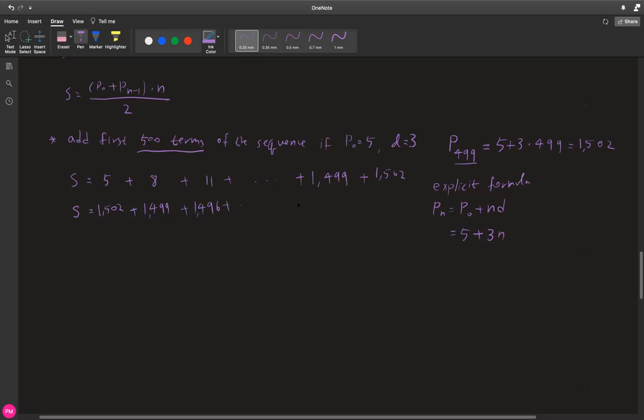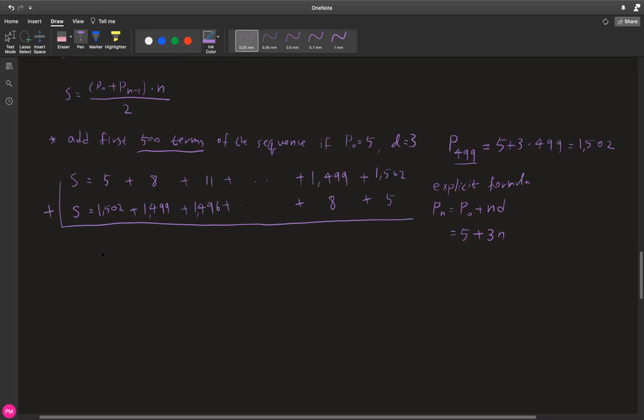And it keeps decreasing all the way down to 8 and 5. So now we know that the top s and the s on the bottom are the same numbers.